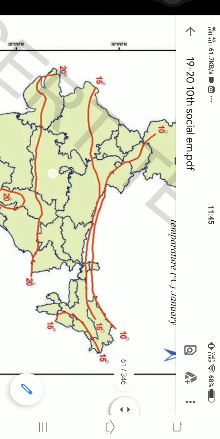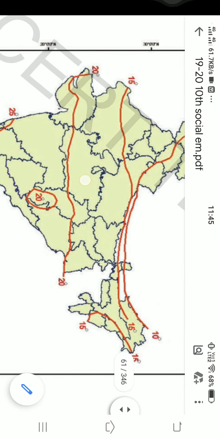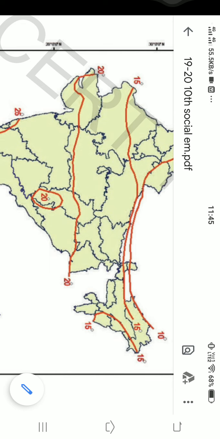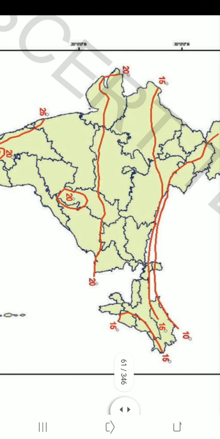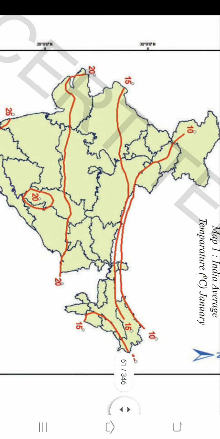In the northeast direction, winds blow and bring a little rainfall in northern India. This is not bulky rainfall. Bulky rainfall means heavy rainfall, which occurs in June, July, August, and September. That is the southwest monsoon period.